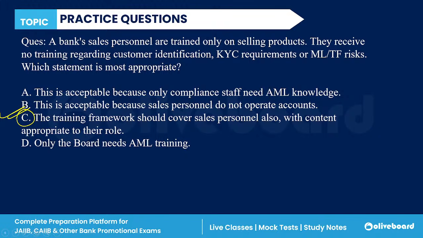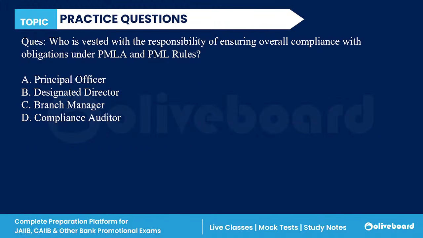Next question. Who is vested with the responsibility of ensuring overall compliance with the obligations under PMLA, Prevention of Money Laundering Act, and PML rules? Is it the principal officer, the designated director, the branch manager, or the compliance auditor?